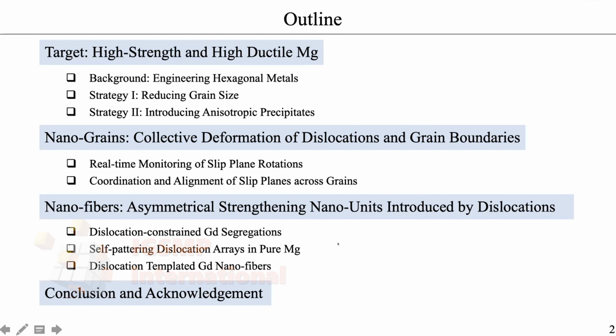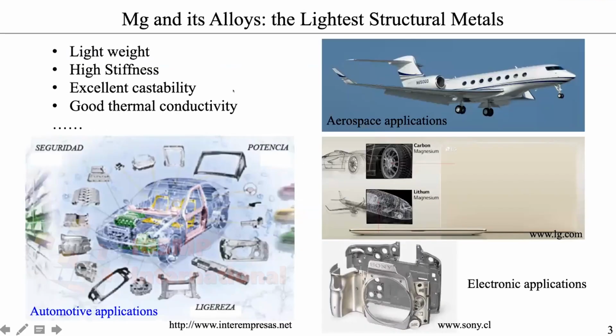All right. So for those who didn't know, magnesium is the lightest structural alloy, about 1/3 of the steel and 2/3 of the aluminum. Because of the light weight, it has been applied a lot in automotive and aerospace applications.